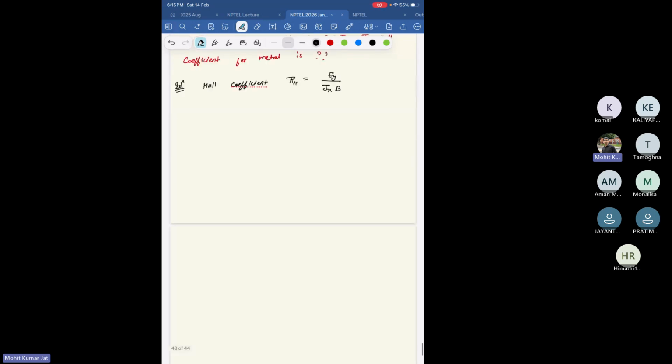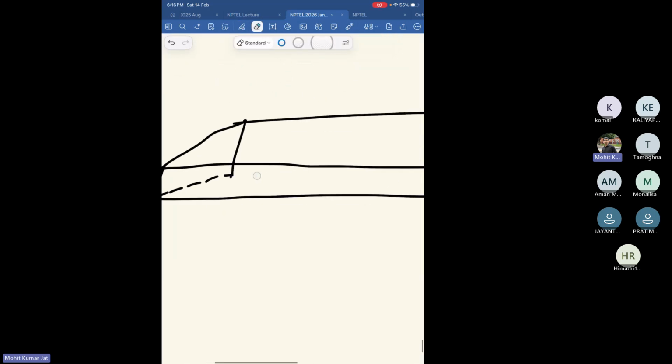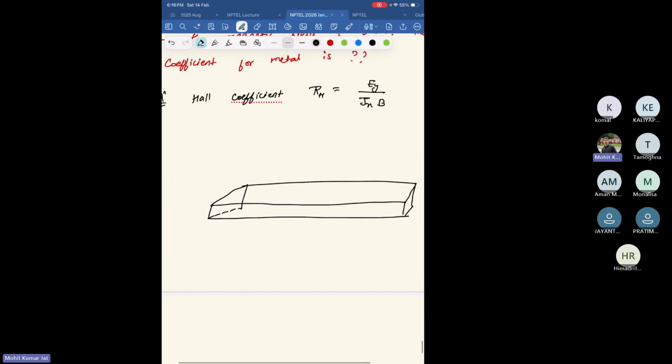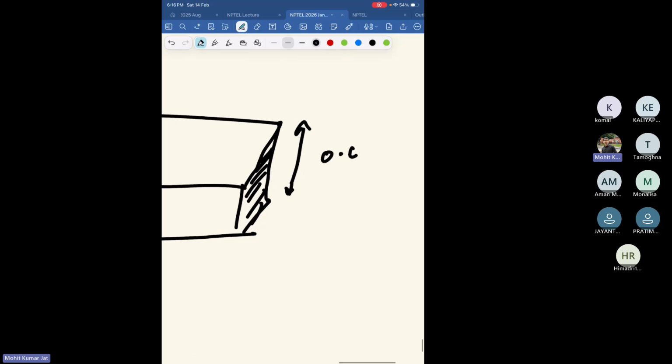So you're having a geometry like this. I think this is the geometry in which this thickness, they have given to be 0.02 mm, extremely thin.